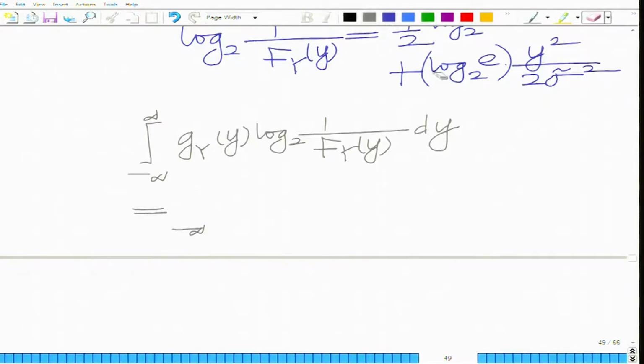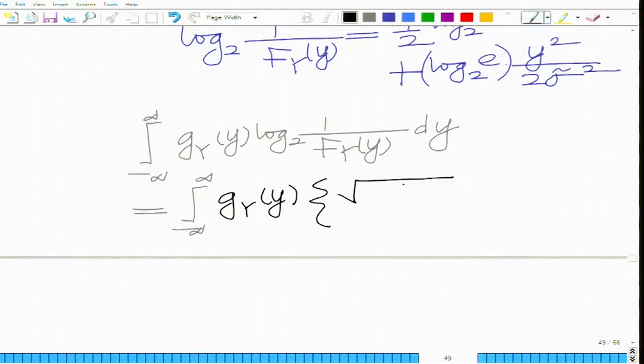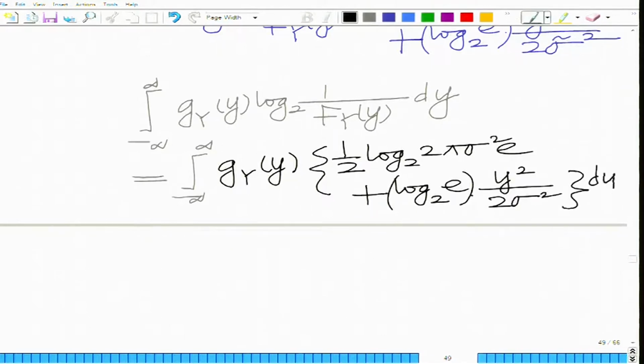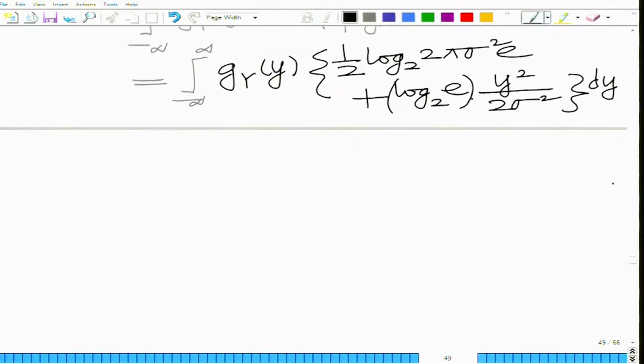That is the integral from minus infinity to infinity of gy of y, substitute log to the base 2 of 1 over fy of y, that is half log to the base 2 of 2 pi sigma square e plus log e to the base 2 into y square divided by 2 sigma square dy.